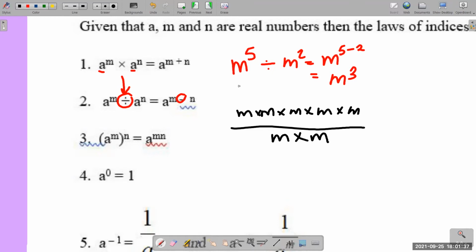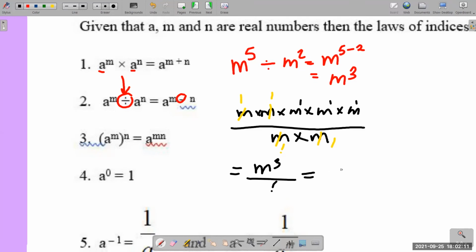All right. So when we learn to do this with fractions, we learn to cancel, right? So if you have something in the numerator and something in the denominator that's common, we learn how to cancel. So m into itself goes once, m into itself cancels above and below. So what are we left with? This is what we got to pay attention to. On the top, how many m's do we have left? That's 1, that's 2, that's 3. So it would be m to the 3rd power over 1.